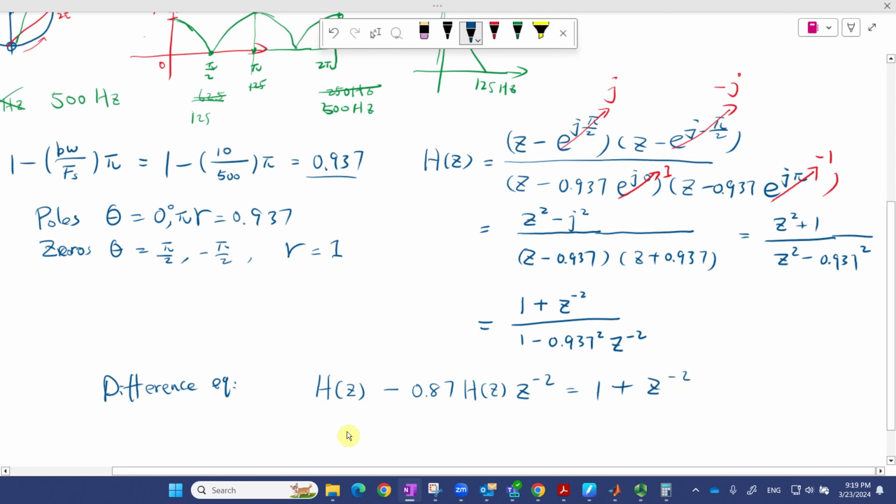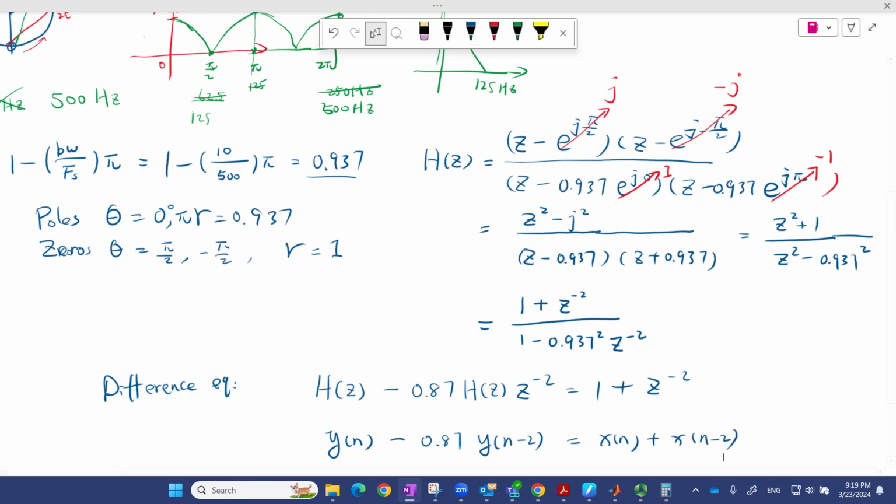If we do the inverse Laplace transform, there's going to be a lowercase h, right? Lowercase h is the impulse response, so we can write the output sample y[n], now in the time domain, minus 0.87 times y delayed by 2 units. We know that this is a time domain delay, so delay by 2 units, and this one becomes x[n], and this is x delayed by 2 units.